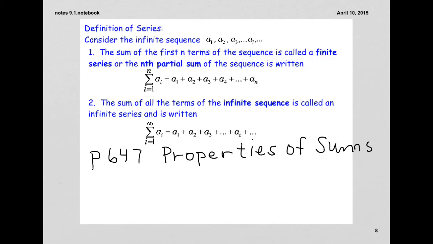The sum of all terms of an infinite sequence is called an infinite series and is written as the sum from i equals 1 to infinity of a sub i. Okay, you might want to write down the properties of sums. They're on page 647.